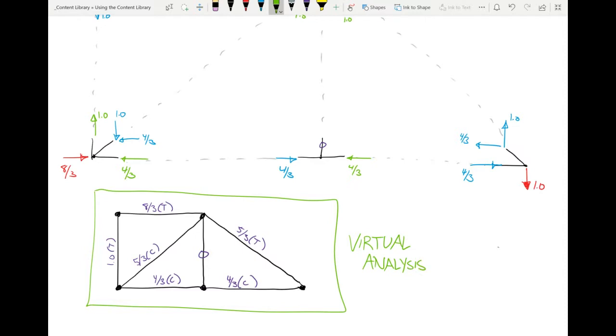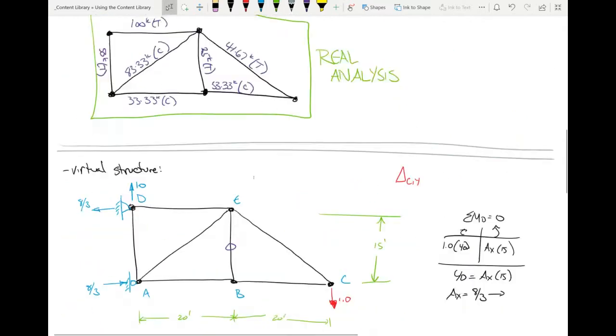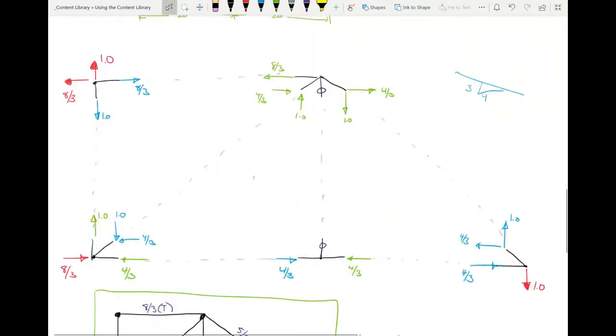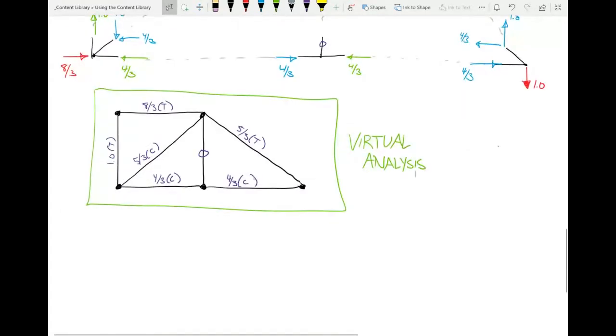Virtual analysis. Okay, let me take a sec and give everybody a chance to copy down what I've been doing and see if anybody has any questions. Because if you notice, we've got results from the real analysis and the results from the virtual analysis. Let's just take a sec and see if anybody has any questions.